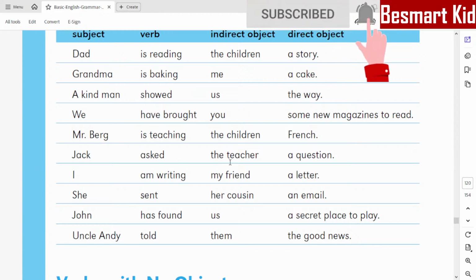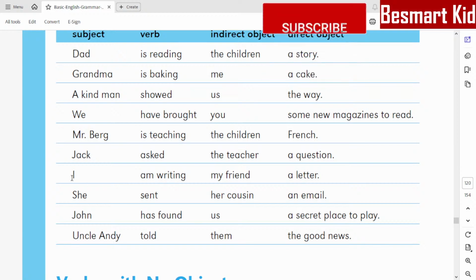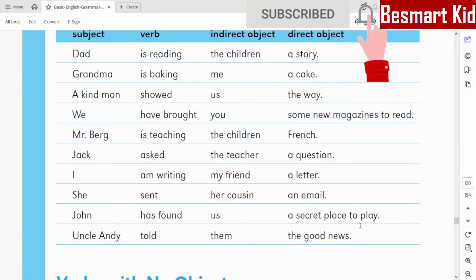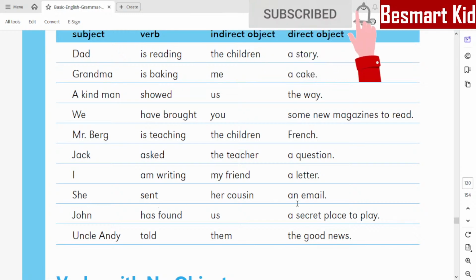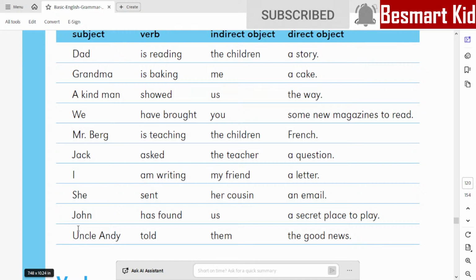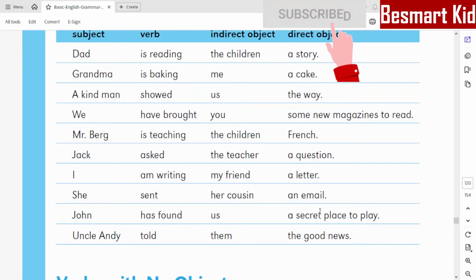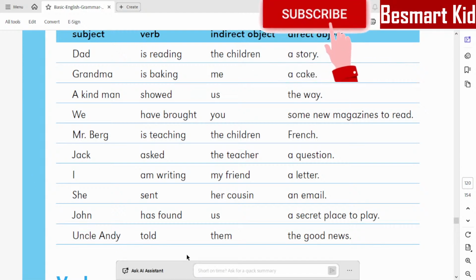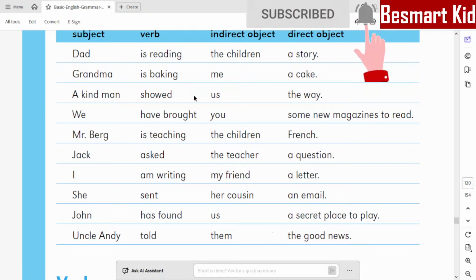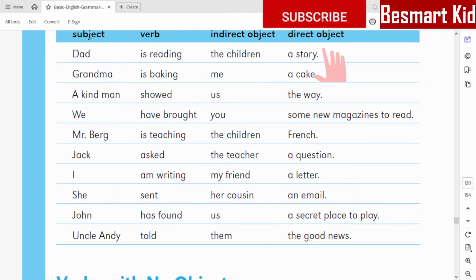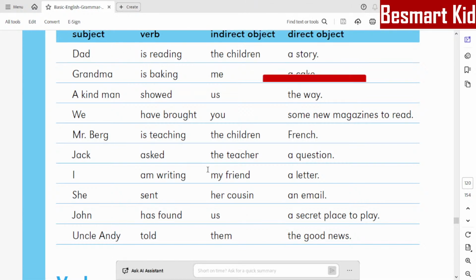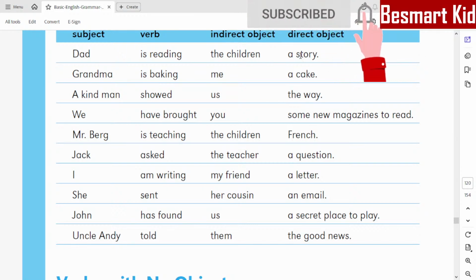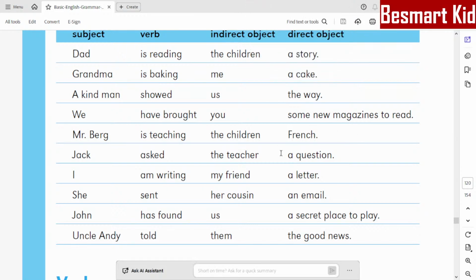Jack asked the teacher a question. I am writing my friend a letter. She sent her cousin an email. John has found us a secret place to play. Uncle Andy told them the good news. Here are the subjects, here are the verbs, here are the indirect objects, and here are the direct objects.